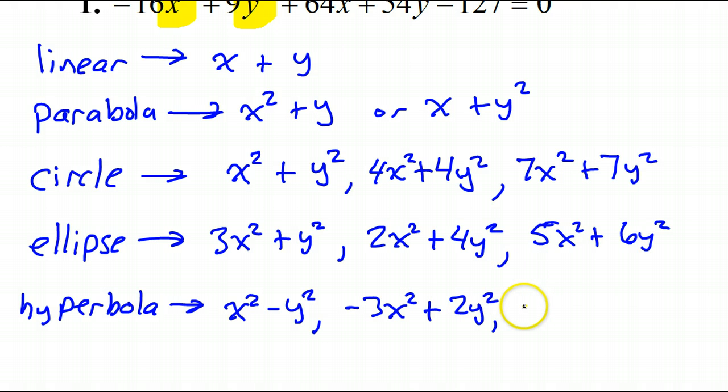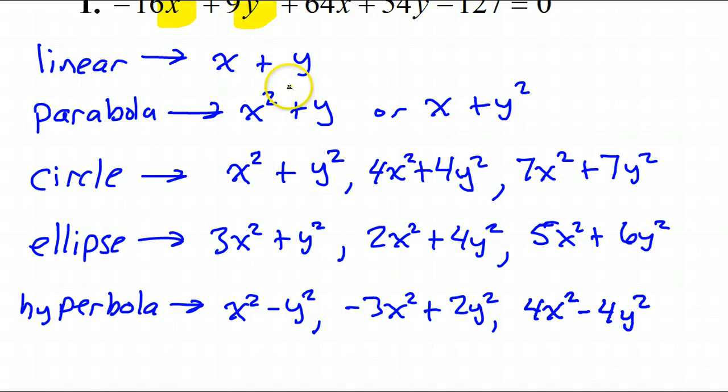So I could have 4x squared minus 4y squared. If one's positive and one's negative, regardless of if they're the same, like these, or different, like these, it's a hyperbola. Still they both have to be squared.